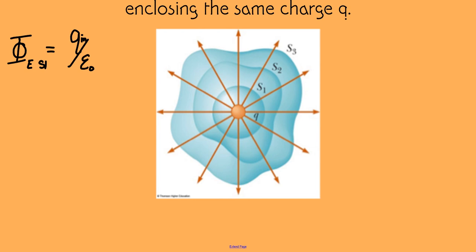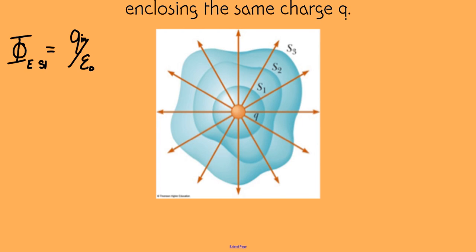So, we also happen to know that flux is proportional to the number of lines that pass through the surface. And it just so happens that the same number of lines pass through each surface because we have the same number of lines going outward from this Q.